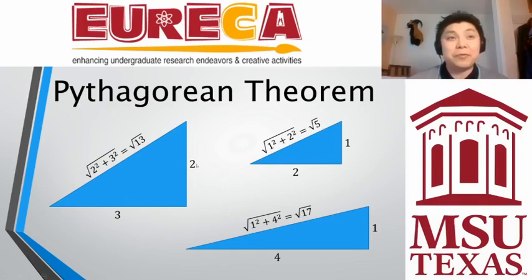Similarly, if I have sides 2 and 3, the hypotenuse will be the square root of 13. And if I have 1 and 4, the hypotenuse will be the square root of 17. Then I realized 5, 13, 17, those are all prime numbers. So maybe I can use the Pythagorean theorem for finding prime numbers.